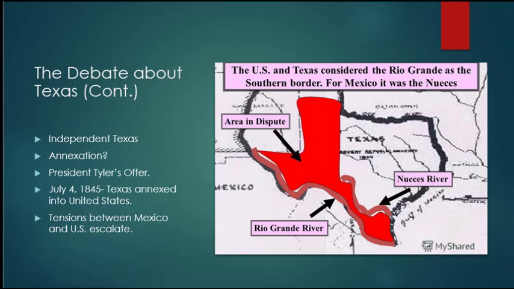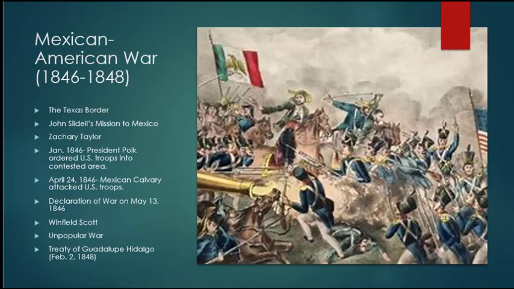So Texas is annexed into the United States on July 4th, 1845. When the United States annexes Texas, it's going to cause tension between Mexico and the United States. So the United States has annexed Texas, but there's still this issue over the Texas border.